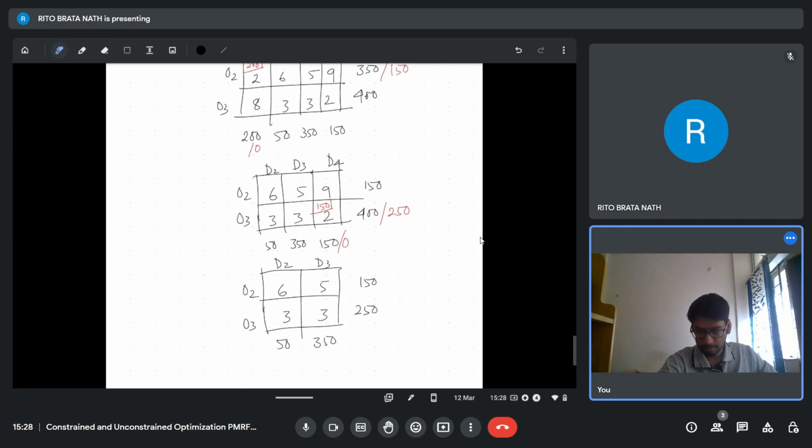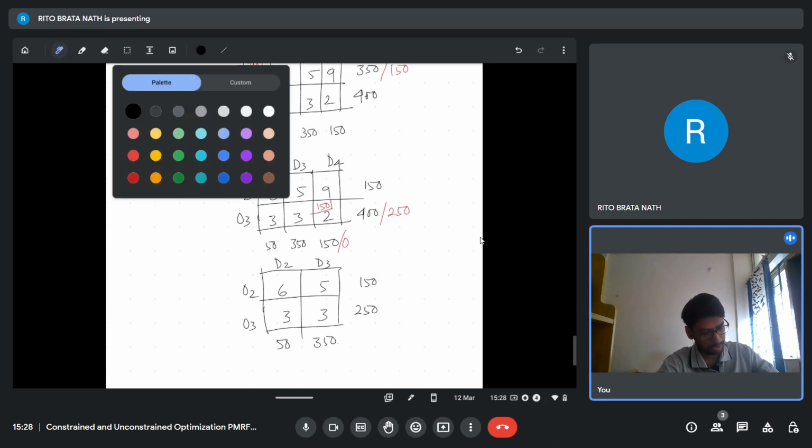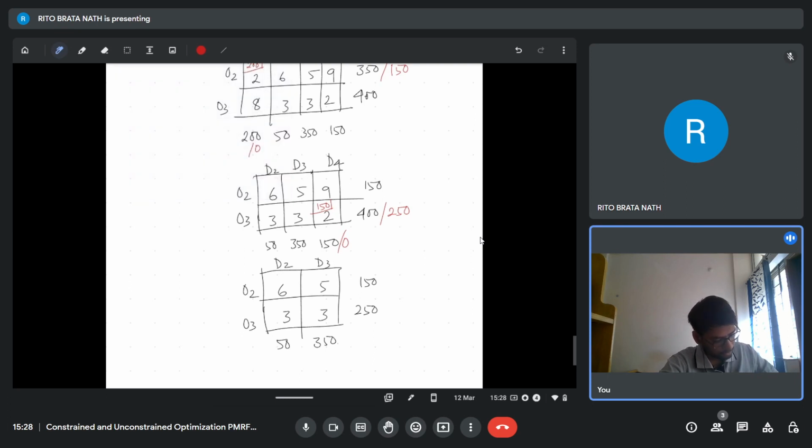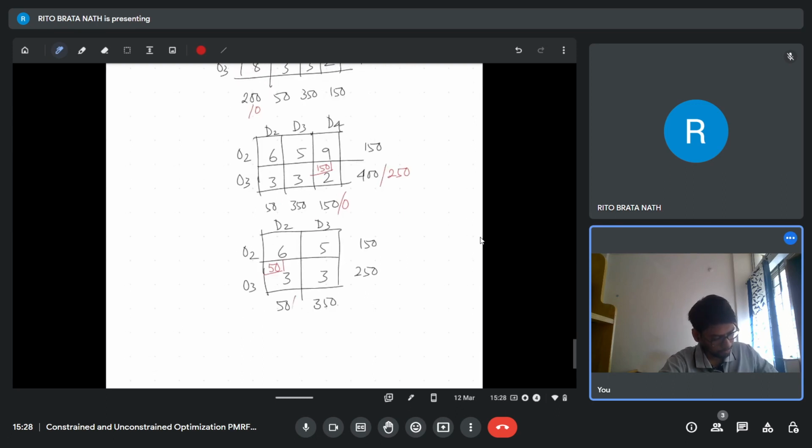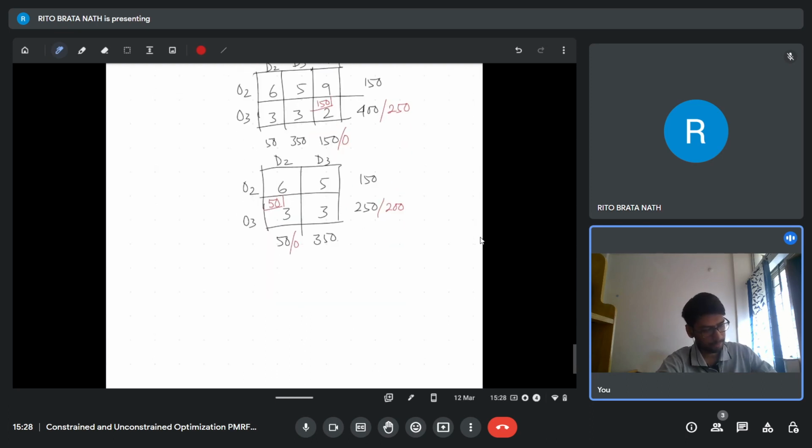Again, you can break ties randomly, and let me pick the leftmost 3 and allocate there to begin with. So 50 goes here. Now this becomes 0. This becomes 200, and you are left with only one column. O2, O3.